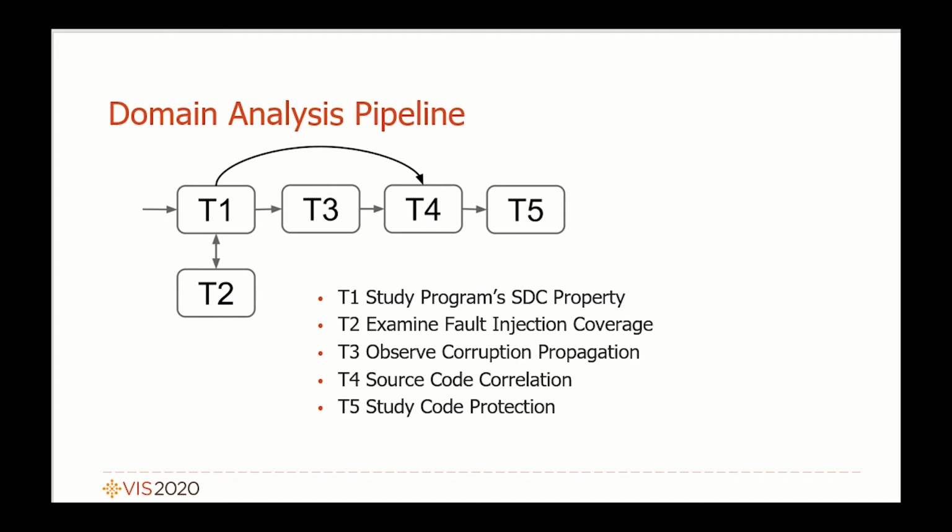Our visualization system is designed to analyze this log data, and our design is guided by the domain expert's analysis pipeline. Domain experts often study different program components' SDC properties and then observe how errors propagate in this component to infer reasons about their vulnerabilities. At the end, they decide whether this component should be protected or how to protect it based on the analysis result.